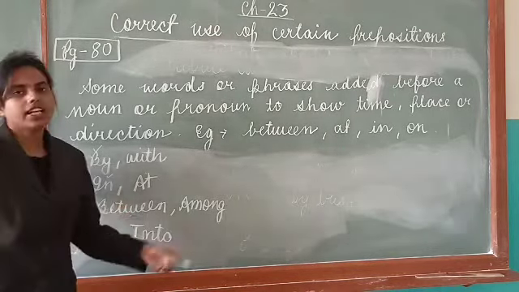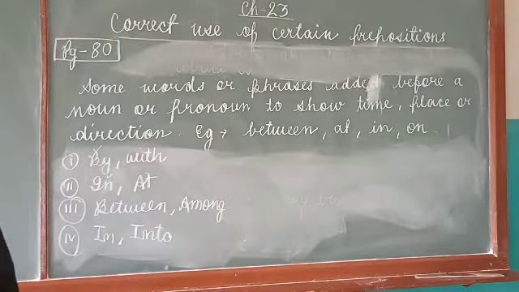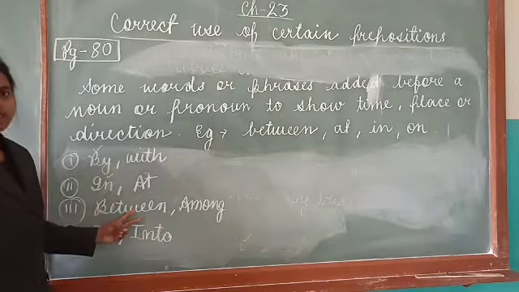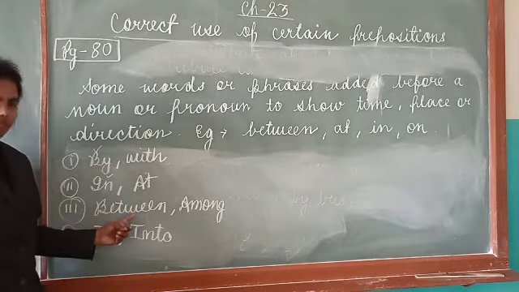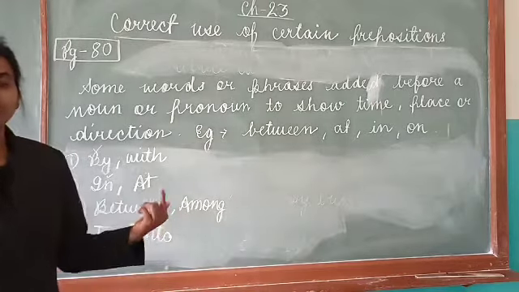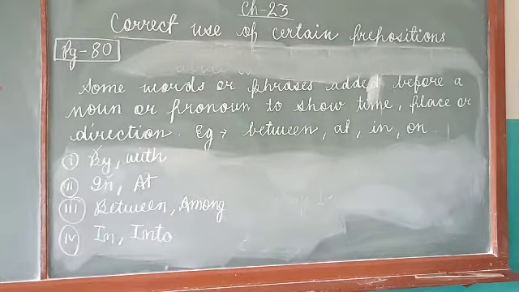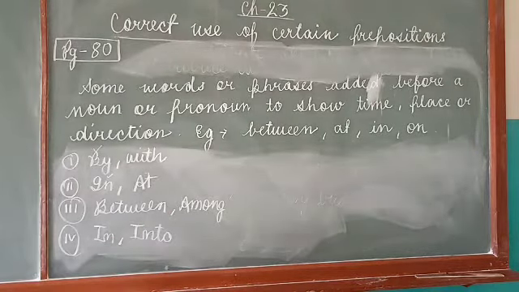Talking about between and among, whenever anything is to be distributed between two persons, we will use what? Between. And if more than two persons, then we will use what? Among. In and into.